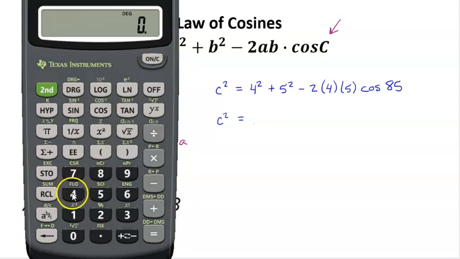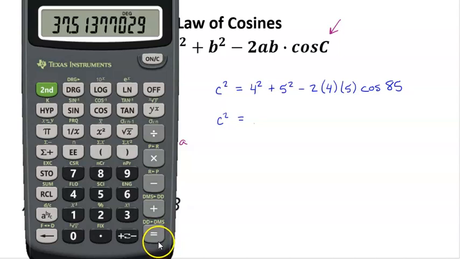All right, so I've got 4 squared plus 5 squared minus 2 times 4 times 5 times, now make sure you put 85 first, and then hit your cosine, and then make sure you hit equals. So c squared is equal to 37.5.